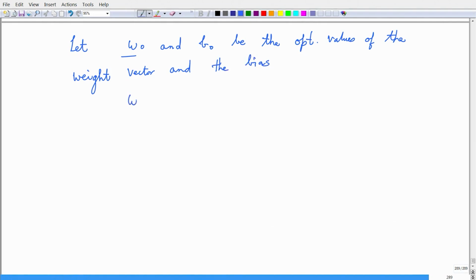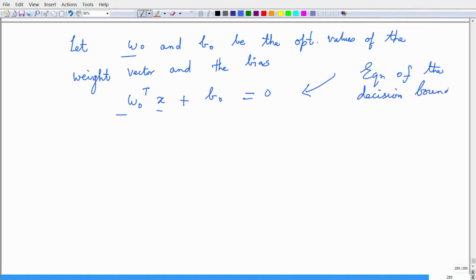So, we have W naught transpose x plus B naught equal to 0 is the equation of the decision boundary, right. Decision boundary is given by this equation.